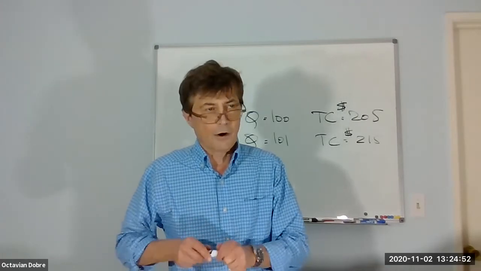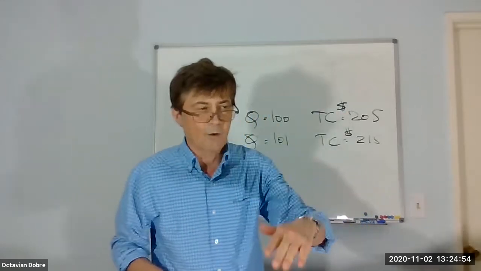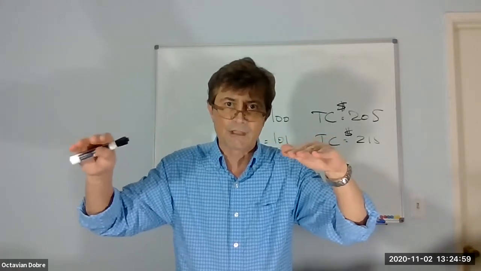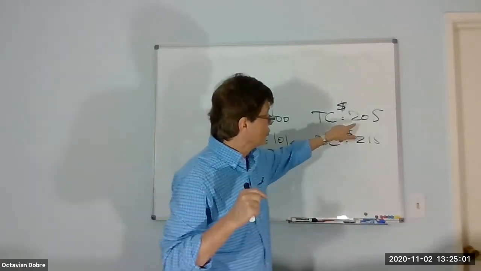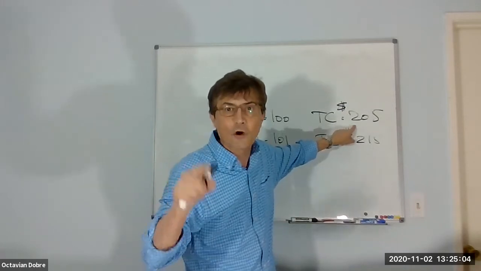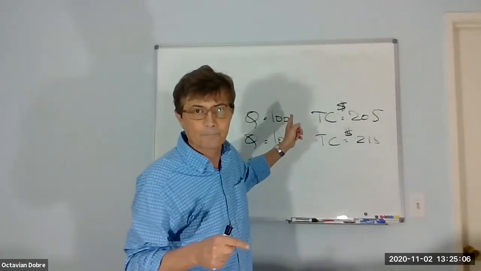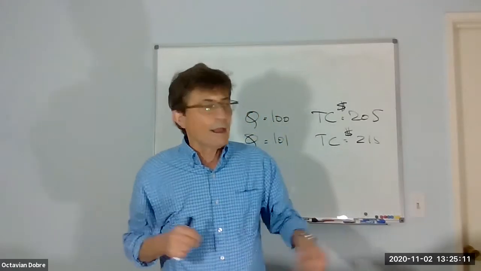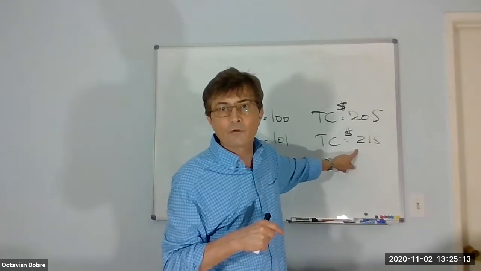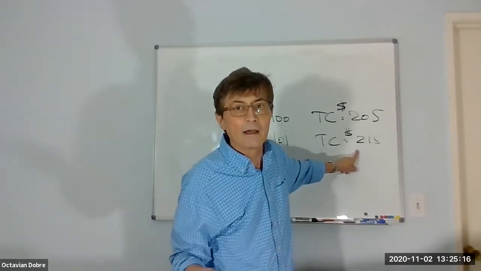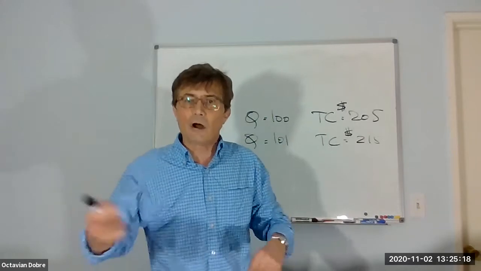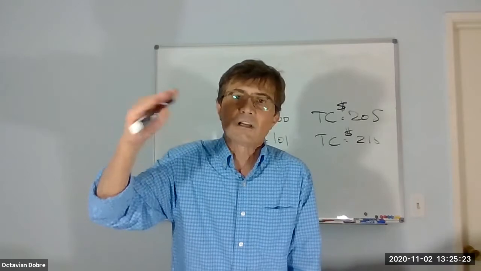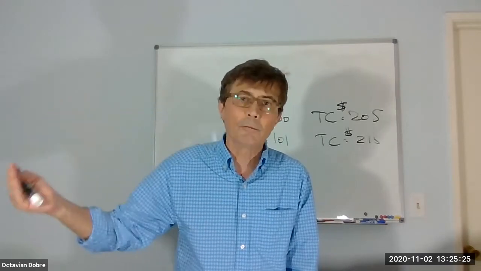205. No. When you think of it this way, when you produce 100 units, the cost that you have for producing those 100 units is $205. That's how much it costs you to produce 100 units. And then you produce 101 units, and now your cost goes up to 215. Marginal cost of the 101st unit is how much the 101st unit contributes to the cost.